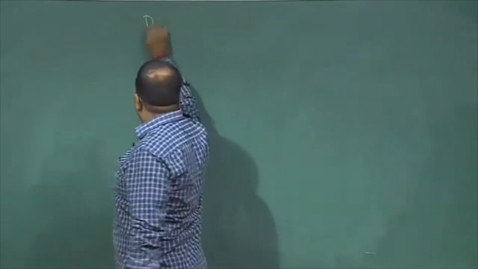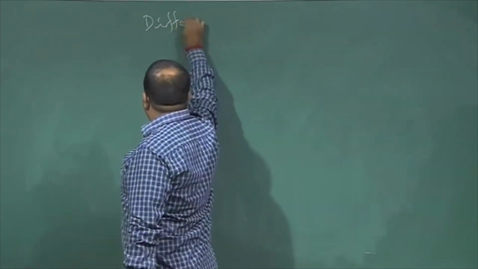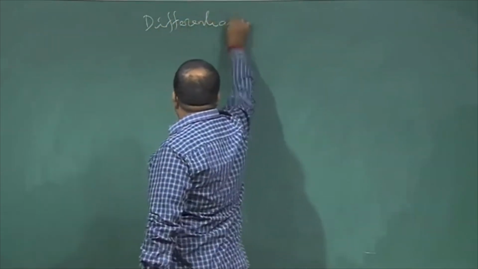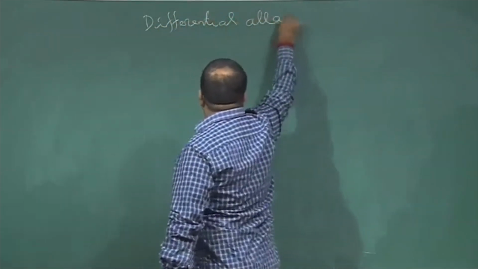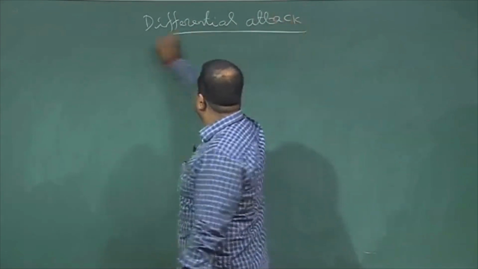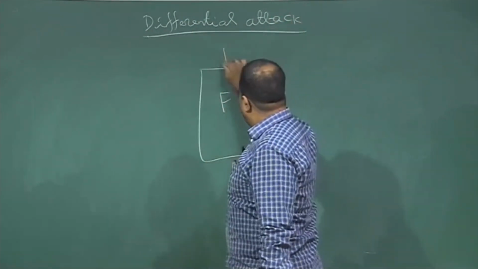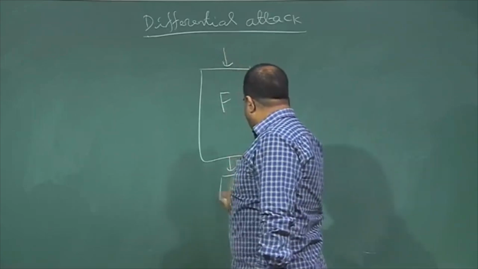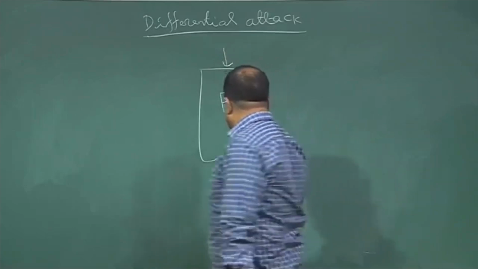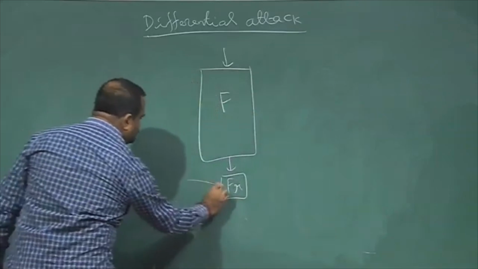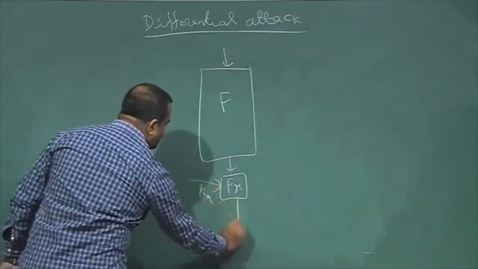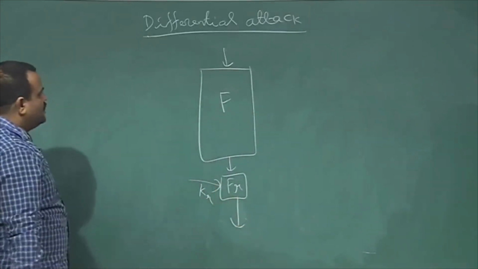Differential attack. Okay, so this is our block cipher F followed by a last round FR, which takes the rth round key, and this is the ciphertext.